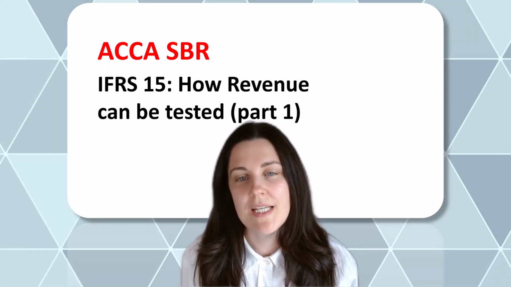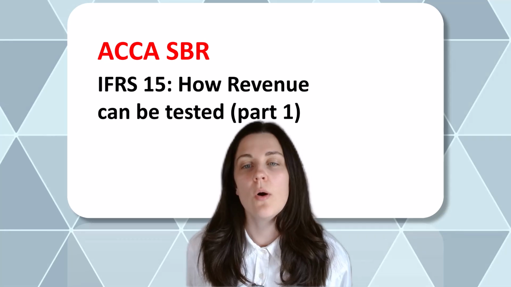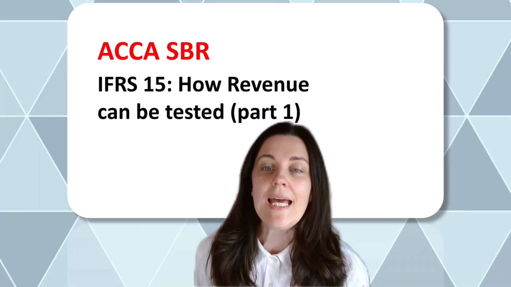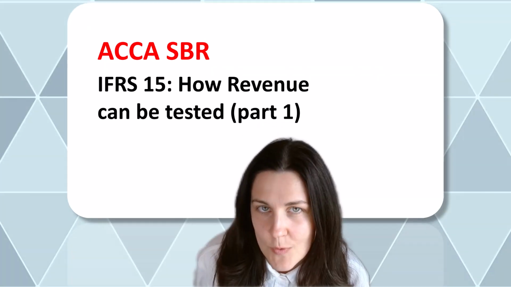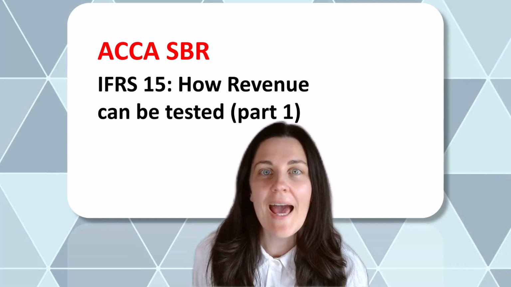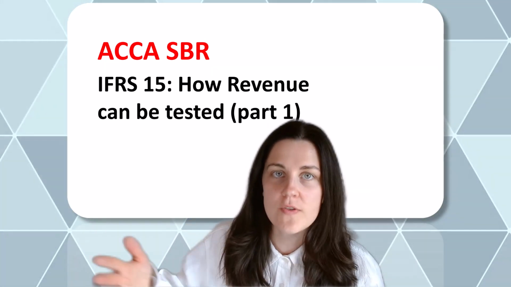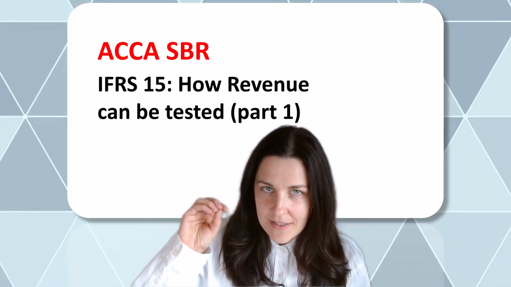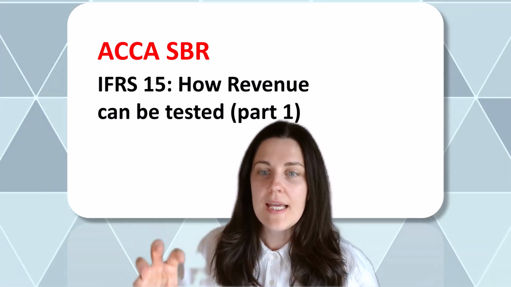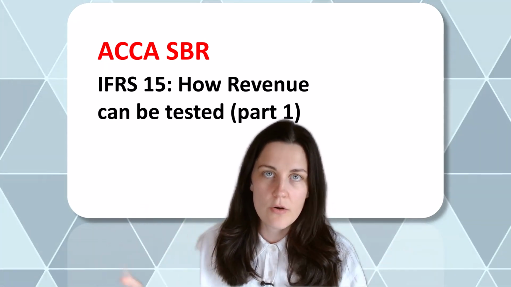Another concept that will be tested, in step 2, when we talk about performance obligations, is whether we have supplied a single obligation or several ones. And the thing that is tested quite often is software contracts.